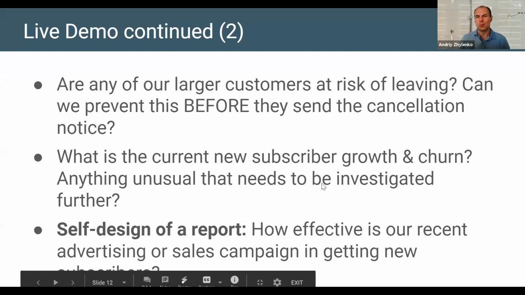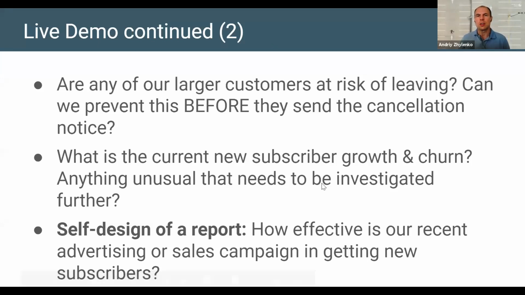Okay, and I'm going to steal Mike's screen sharing and we'll continue the presentation. So we just saw how quickly we can get the information we need from existing PortaBI reports and dashboards, and most important, how easy it is to do the self-design of reports.